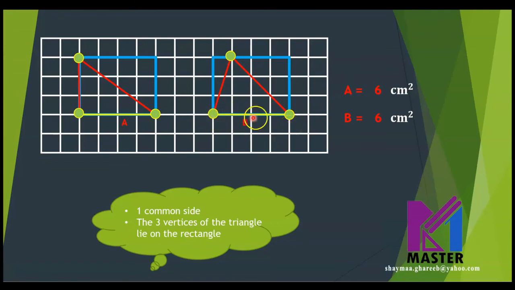So a common side, the yellow one here is a common side, and the yellow one here is a common side. And the three vertices of the triangle lie on the rectangle. In this case, the area of the triangle will equal half the area of the rectangle. Is this clear?